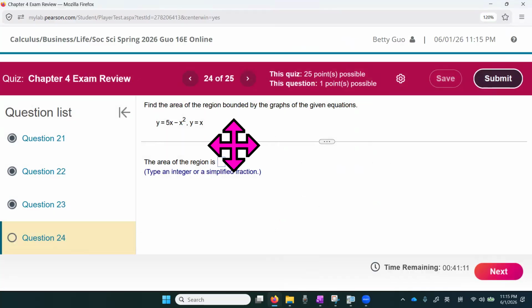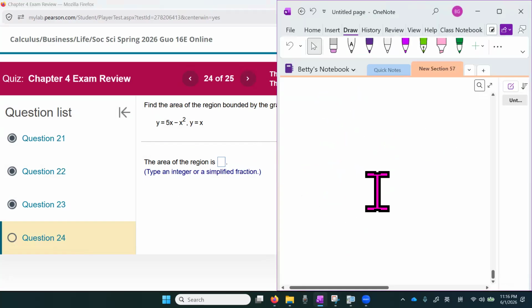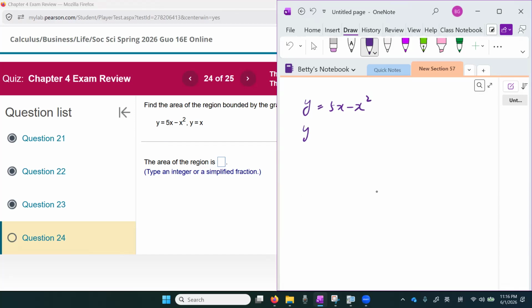Question number 24. Find the area of the region bounded by the graphs below. So we have two graphs here. One is y equals 5x minus x squared, a parabola facing downwards. The other is a straight line. You can use the graphing calculator to help you find the intersections of the two graphs, or you can equate the two equations.